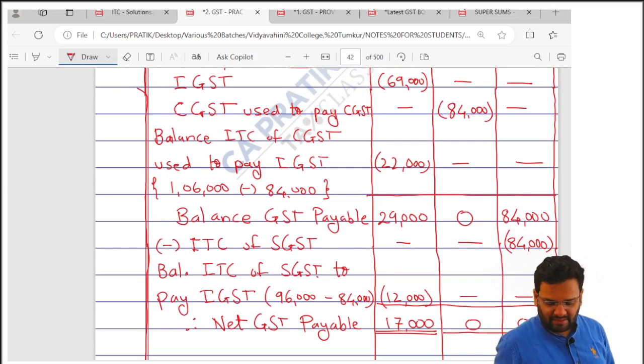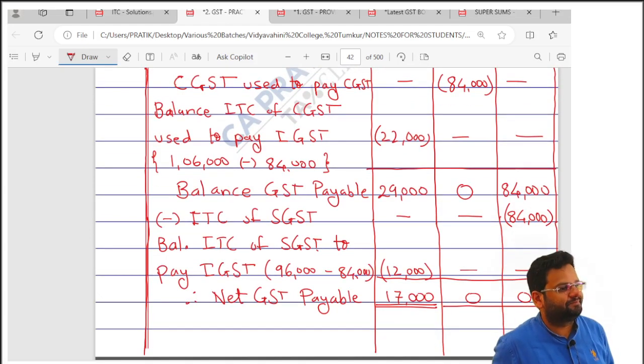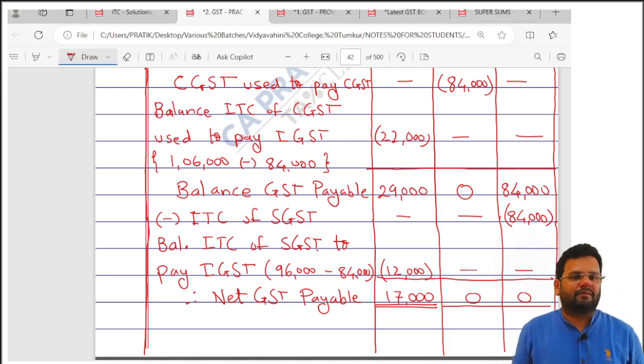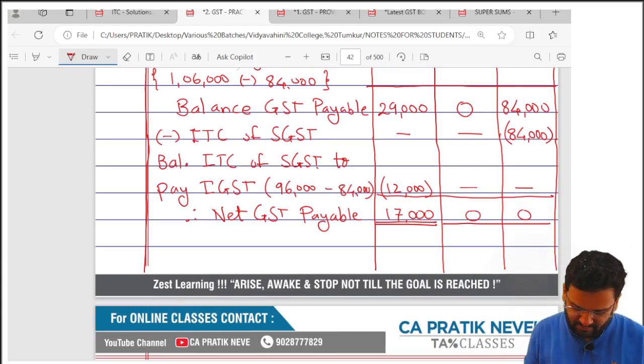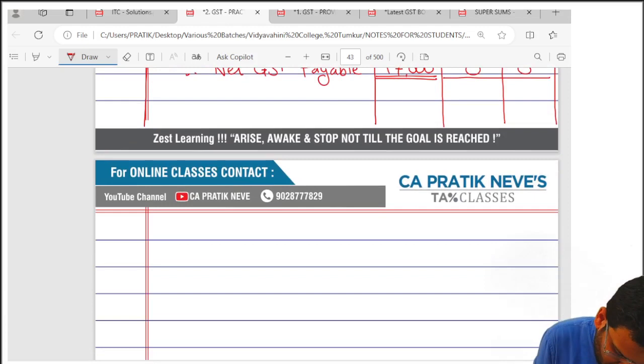Clear? Can we write notes? Done. So write down notes.